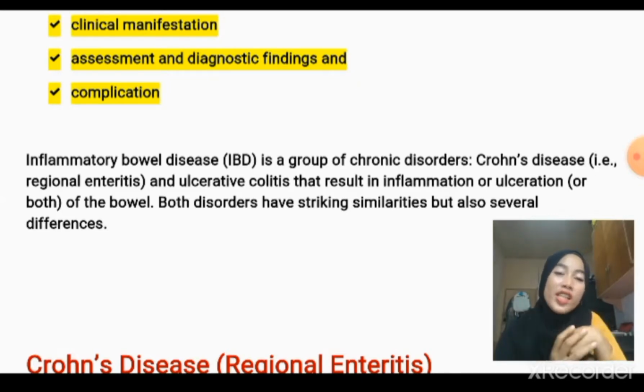When we say inflammatory bowel disease, it is a group of chronic diseases, for example Crohn's disease, regional enteritis, and ulcerative colitis, that result in inflammation or ulceration or both of the bowel. Both disorders have striking similarities but also several differences.